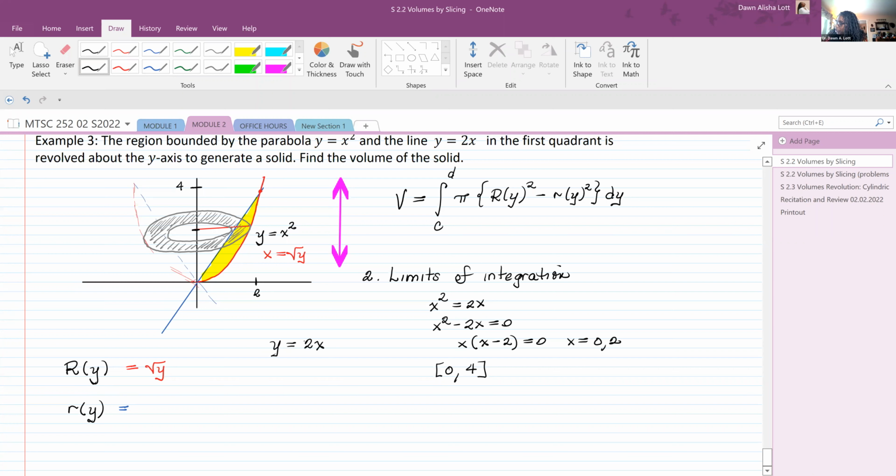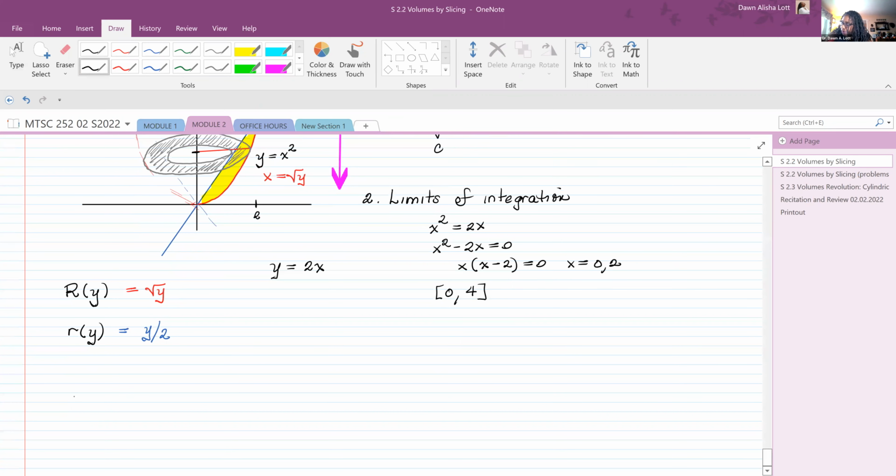Solve for x. What do you get? Oh, x equals 2 over y. Almost. Oh, wait, no, x equals y over 2. Good. There you go.